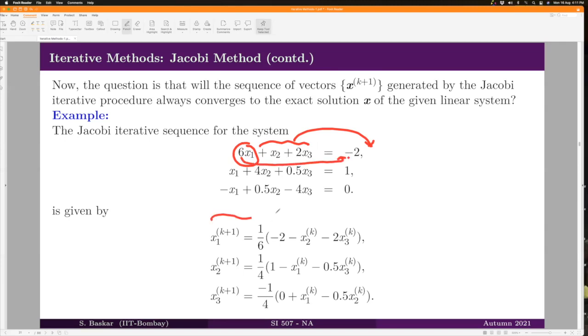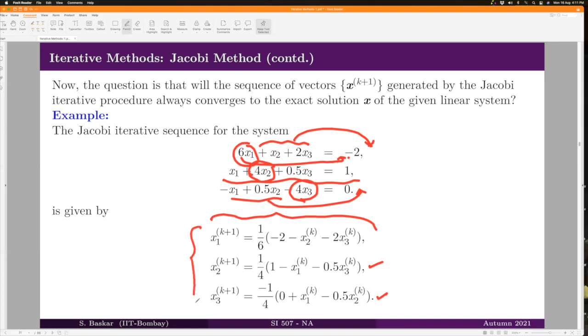That gives you the first equation. And similarly for the second equation, you have to keep the second term because that is the diagonal term, and you do the same idea. You get the second equation, and similarly you keep this term on the left hand side, take the others to the right hand side, and finally divide both sides by -4, and that gives you the third one. So this is the Jacobi iterative sequence.